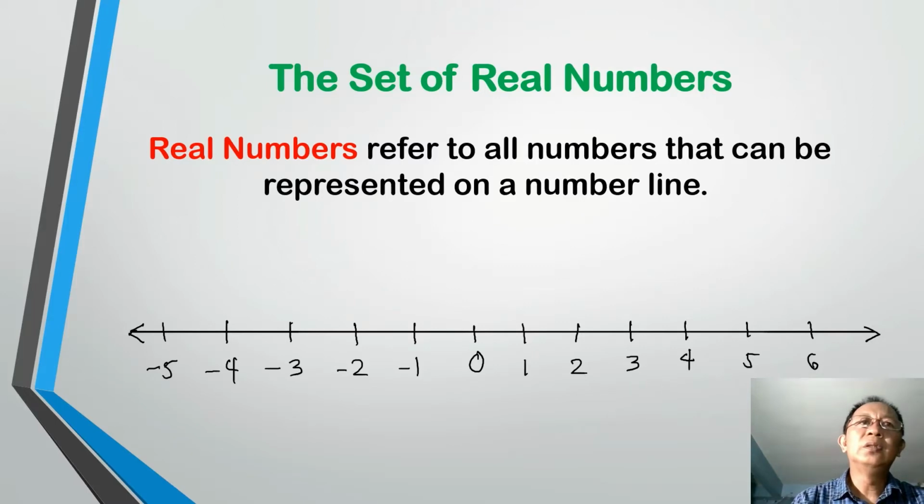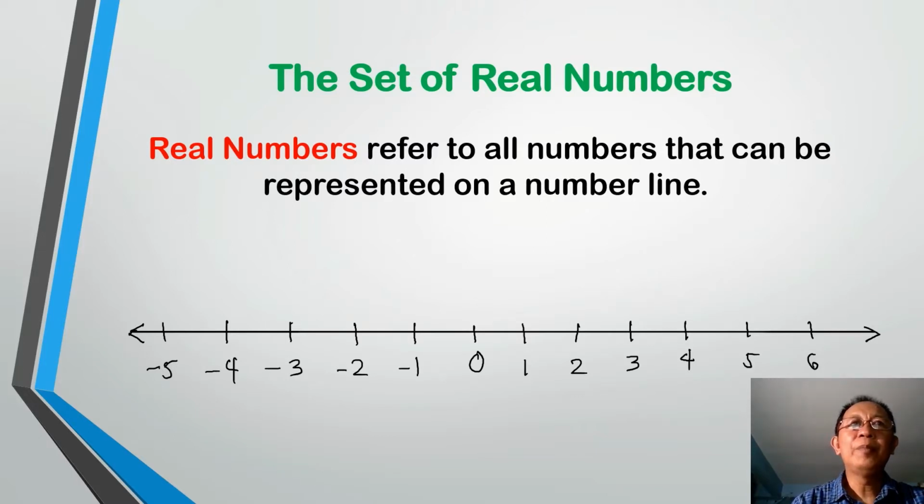So what you see here are integers: negative 5, 1, 0, 1, 2, 3, 4, 5, 6. So these integers are real numbers.